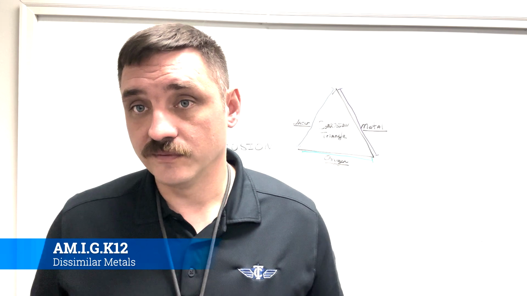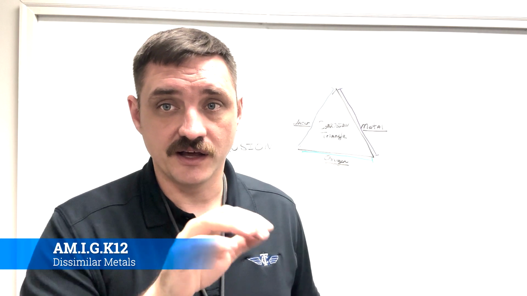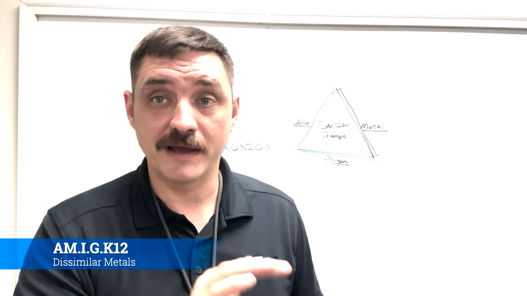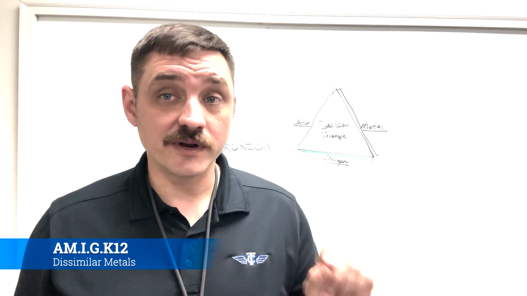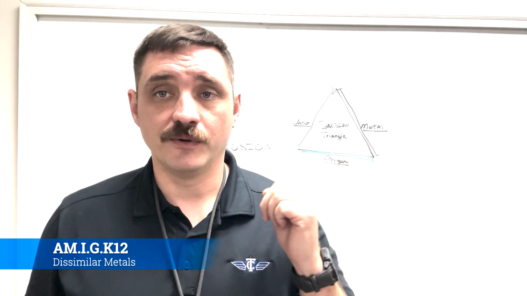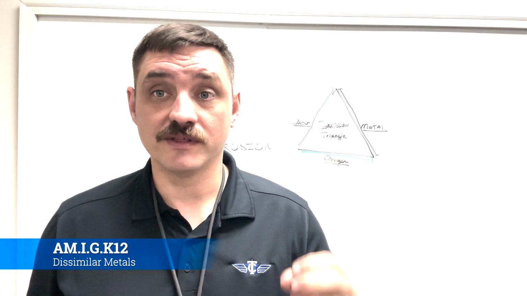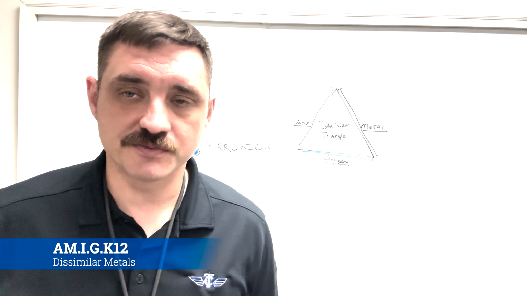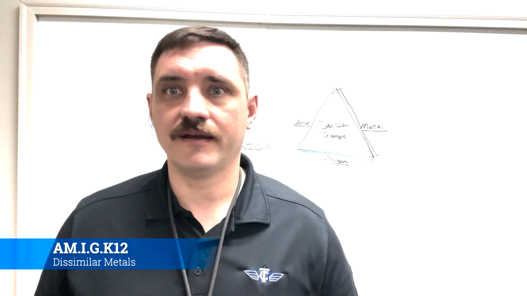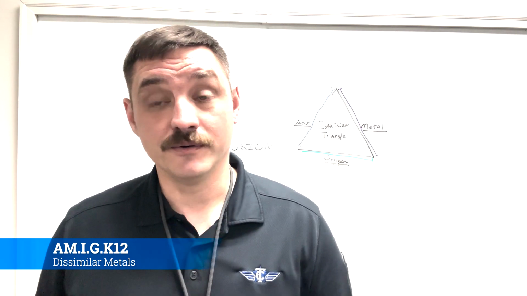Well, there are two camps: dissimilar metals that involve magnesium and dissimilar metals that don't. The ones that don't involve magnesium are pretty simple. Everything will be sprayed down with a substance called zinc chromate, and you'll get to know zinc chromate easily because everything inside of an airplane is basically yellow, and that yellow is zinc chromate.